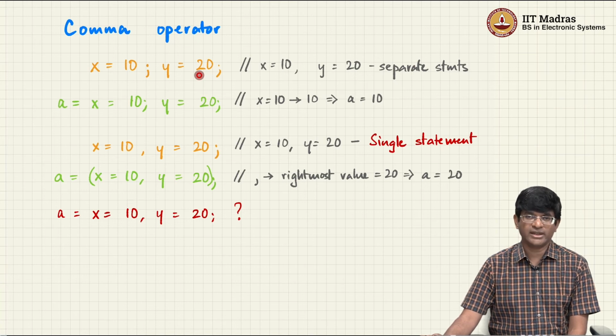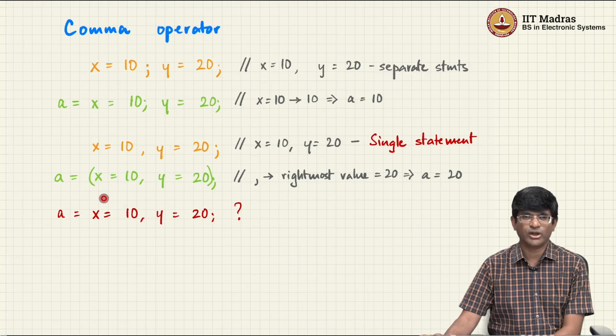One of them actually turns out to be useful, which is that there are certain scenarios where you want to initialize multiple variables inside a for loop declaration. We will get to that later. For the time being, just put it aside. The general rule of thumb is, because of this kind of confusion, this is one of those operators that is preferably avoided, unless you have a very good reason for needing to use it.